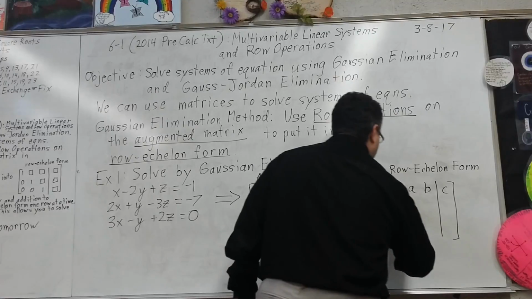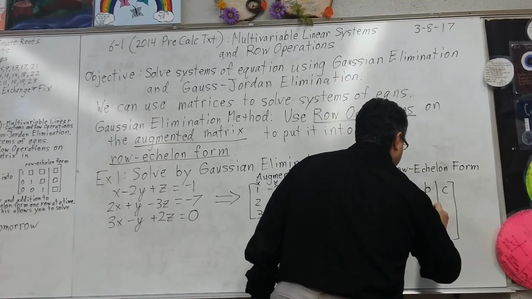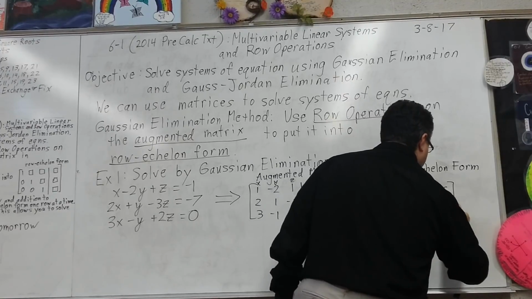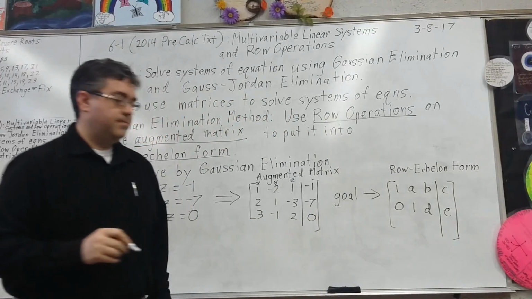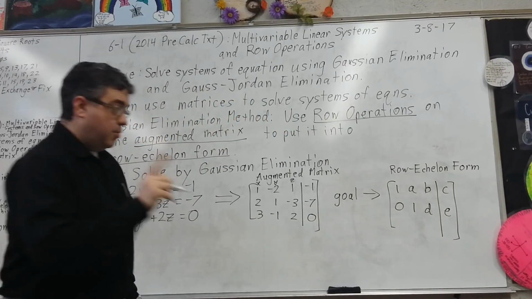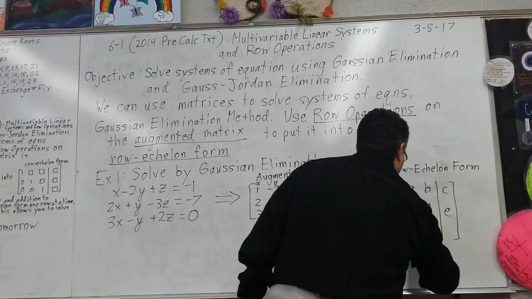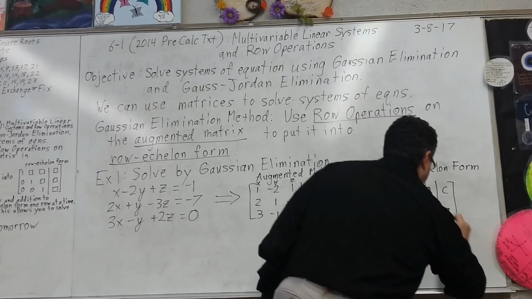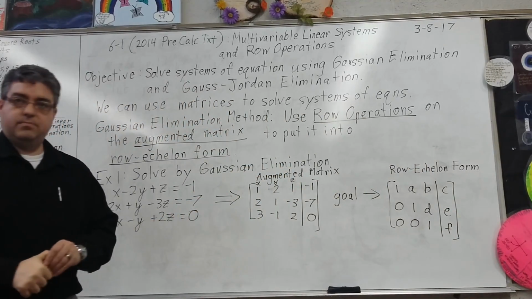Row 2 is a 0, a 1, and then a number, and then a number in the answer. And row 3 is 0, 0, 1, and a number in the answer.